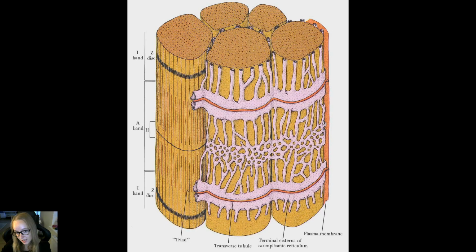In the muscle, we can see a combination of tubules, like here, and cisternae. So this is the combination of cisternae and tubules, not in smooth muscle, in skeletal muscle. I'm sorry, in skeletal muscle we can find this combination.